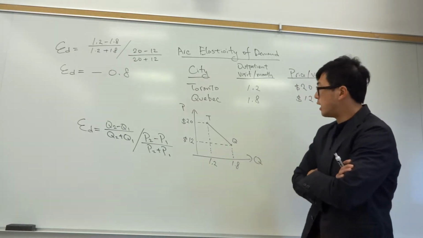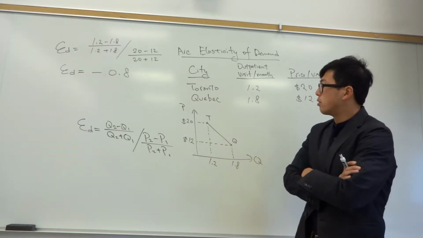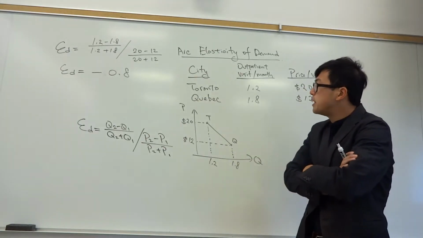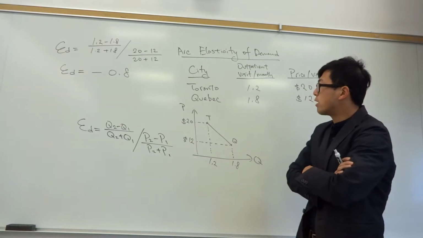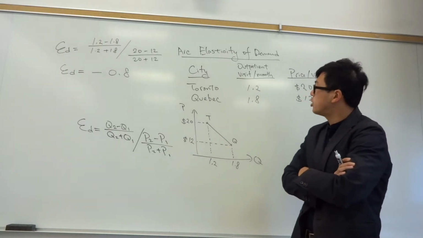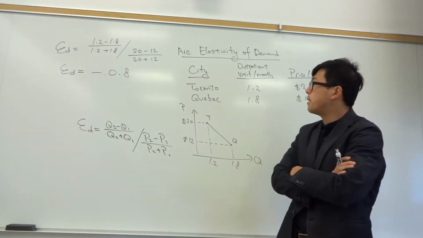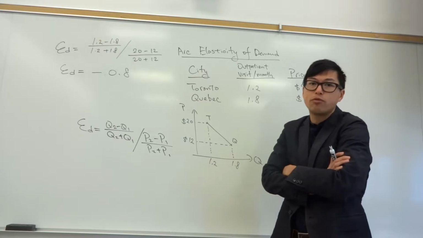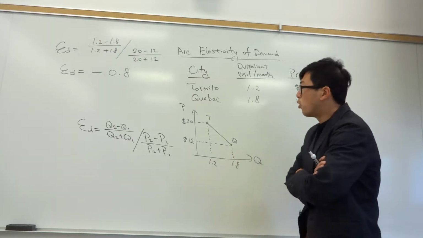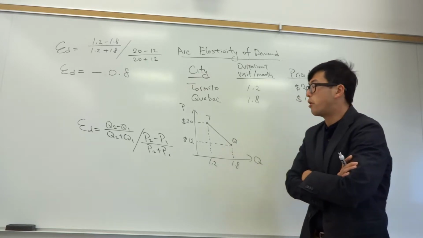So the next question that I would like to ask you is, if we are looking at this graph here, and we are thinking about, well, there should be some differences between Toronto and Quebec. Let's say people in Toronto, in general, have a higher level of income compared to people living in Quebec, because Quebec is a relatively more remote province in Canada compared to Toronto.